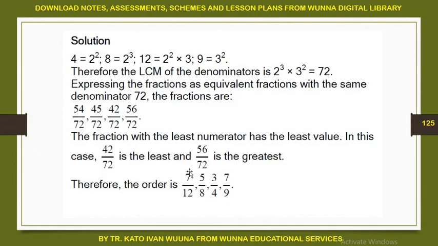So that is how we arrange given fractions in a given order. This is ascending order from small to big, but descending is from big to small. We get all the orders following the same procedure.